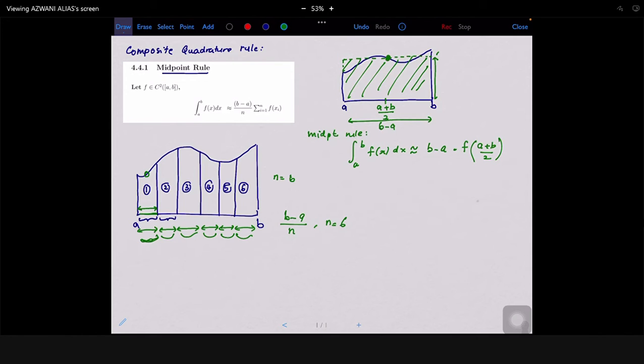Dan maksudnya kita solve setiap sub-interval tu menggunakan midpoint rule. So kita akan dapat kat sini adalah ni. Alright. So the second sub-interval, let's say midpoint kat sini. So kita akan dapat kita punya area macam tu.